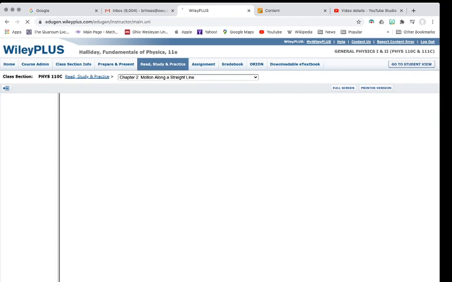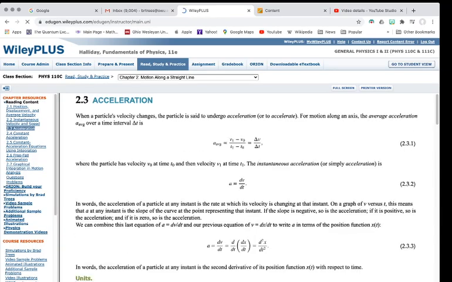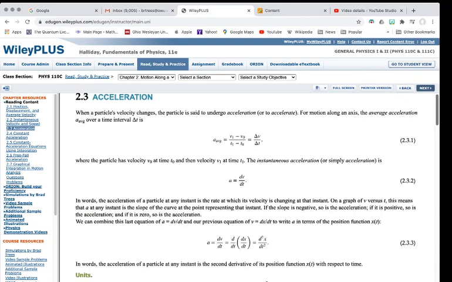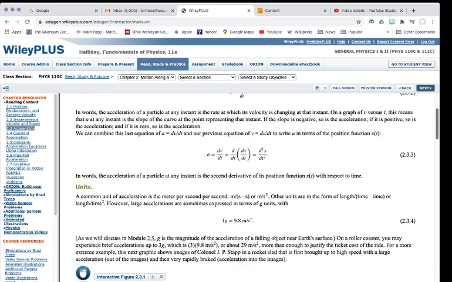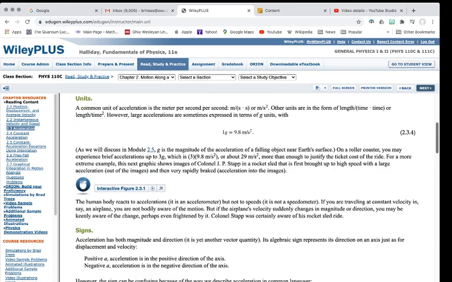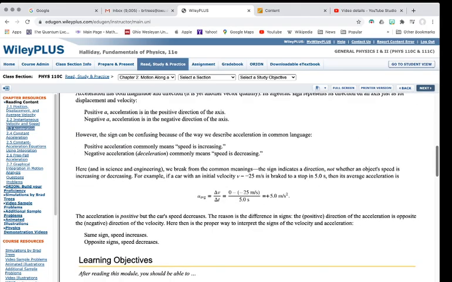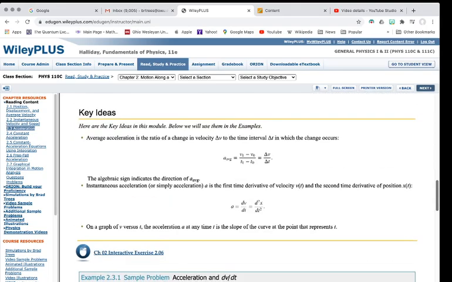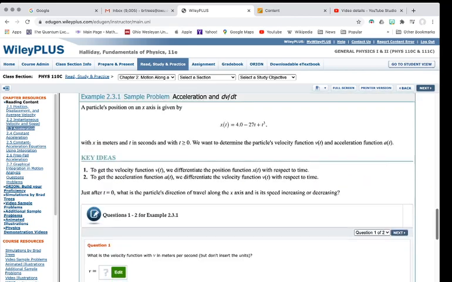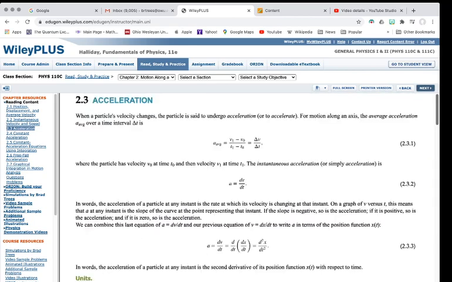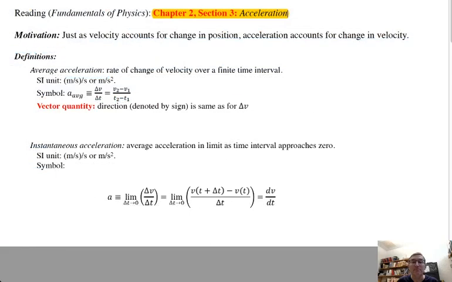Wait just a moment for the reading to load, and this is what you can read to get all the background explanations and definitions of the concepts that we're going to talk about, not to mention example problems that you can study. Okay, so reminding you that that's where the content is that you can read. Let's now go back to the video lecture where we summarize the key ideas.